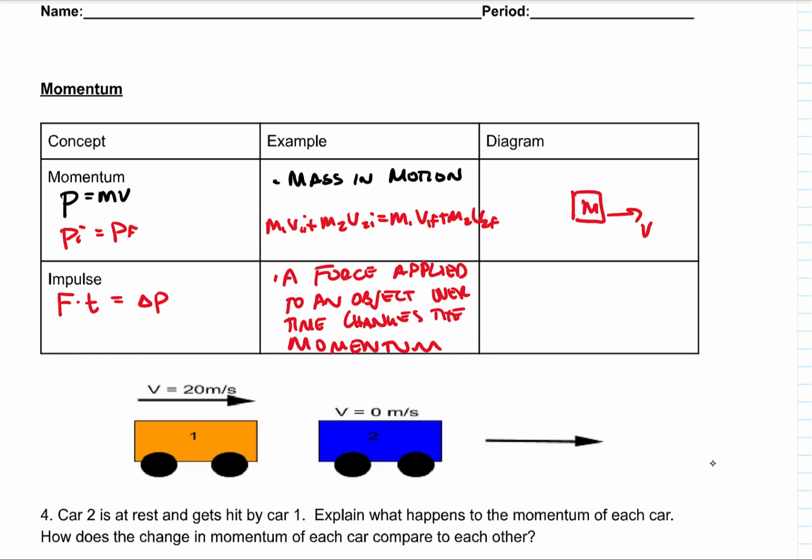By having a force applied over a time, we get a change in momentum. This would be like a ball bouncing off of the ground or something. But instead of a picture for that one, we're going to say force times time is equal to mass times change in velocity, which is change in momentum, or force times time is equal to mass times v final minus mass times v initial.